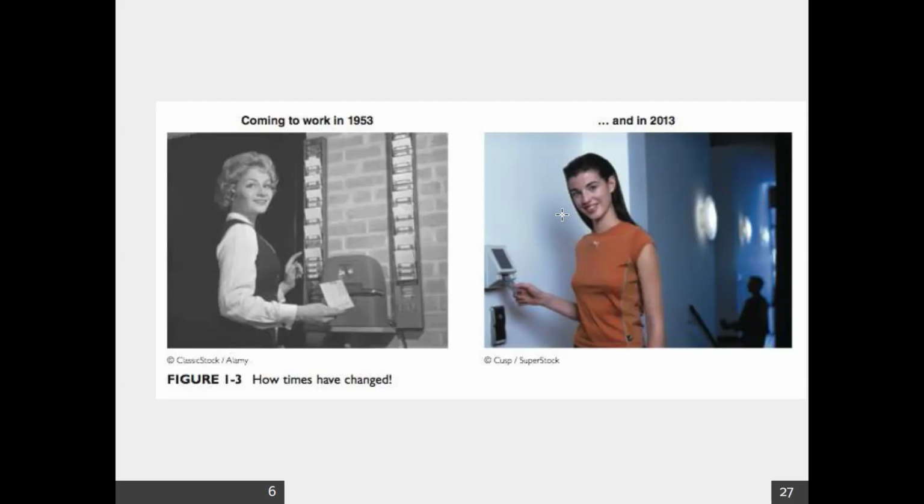Now in 2013 in developed countries, you use some electronic card system like a credit card nowadays for marking attendance. But if you look at what happens nowadays, we have fingerprints, face recognition, even iris is used to mark the attendance. So you can see how the time has actually changed.